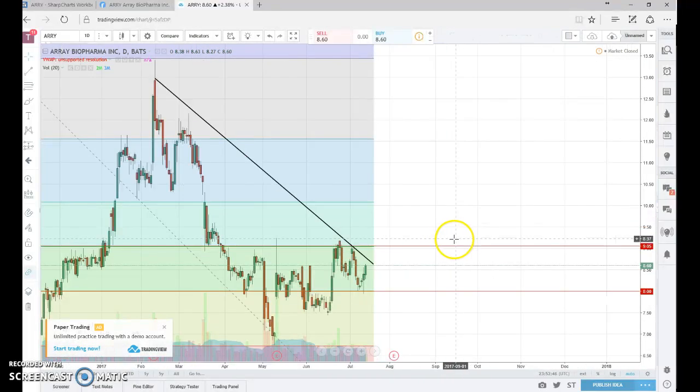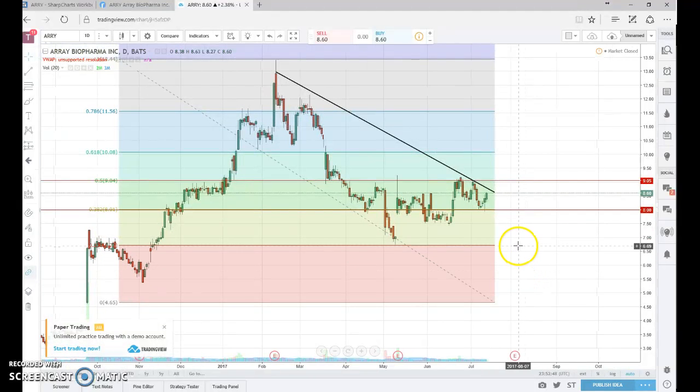My bias here is, I suppose, a long bias because it's already been testing this trend a couple times. But at the same time, if it gets rejected on Monday, maybe Tuesday we'll play it again for a short. If it gets rejected and maybe retests this $8 mark again, then maybe for a bounce play.